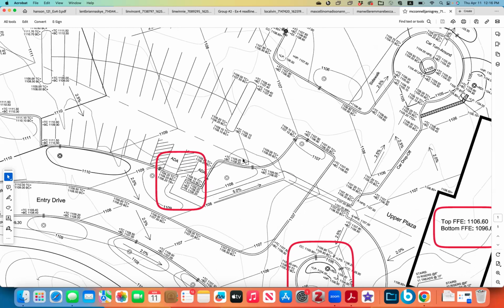You only need one shading for that. One ADA spot is 1.5 regular spots. So unless you're making another ADA here, I don't see the need for that one. If this is where people get up, you would have a ramp like this. You're basically just doing one full ramp.